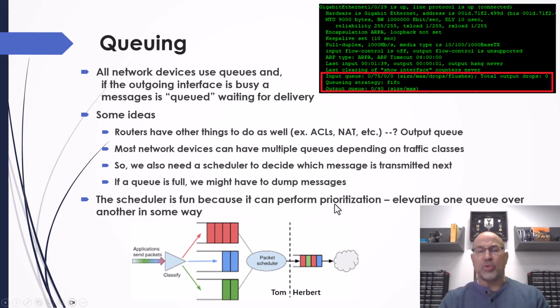If this was just FIFO or fair queuing, where everybody takes one at a time, we would grab one from this first queue, one from the second queue, one from the last queue, go back up here, grab one, like that. But you can see that's not what happened here. In this case, we grabbed one from the top queue, one from the bottom queue, another one from the top queue, and then one from the middle queue. So that means that these two queues on the bottom might have a similar priority, but this one up here might have a higher priority or precedence over the other ones.